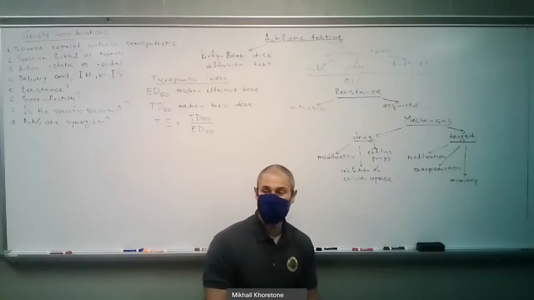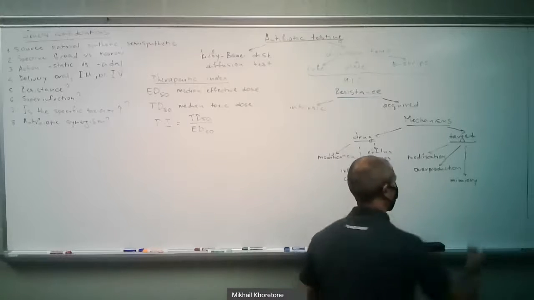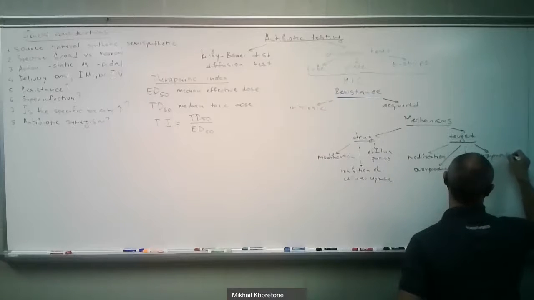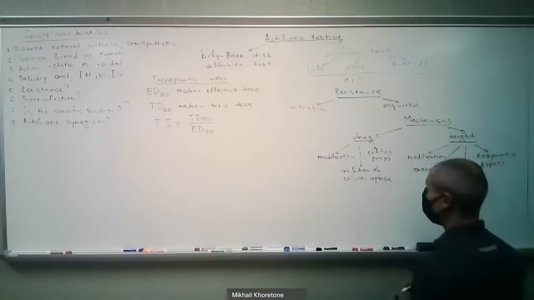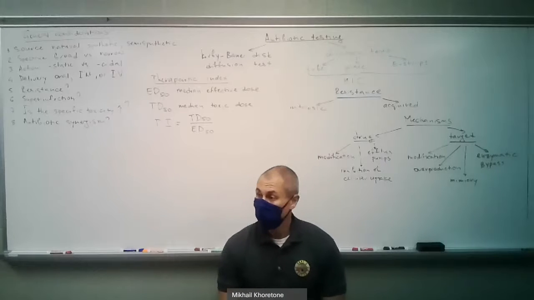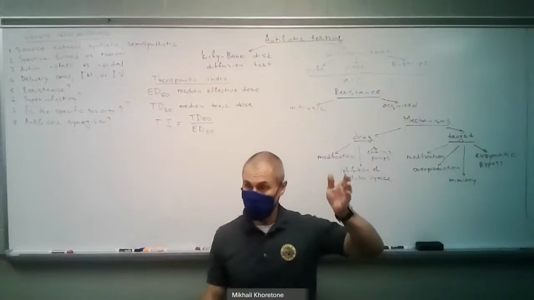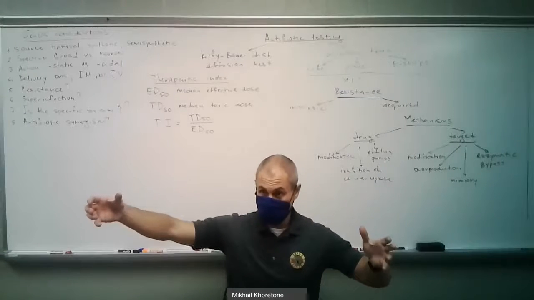And I'm going to put this here, though it kind of doesn't really belong. It's enzymatic bypass. So what I mean here is you have to go from chemical A to chemical Z, right?